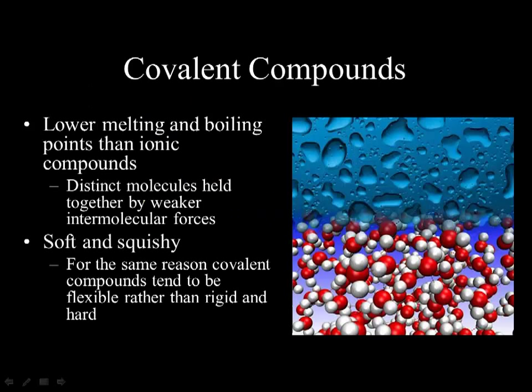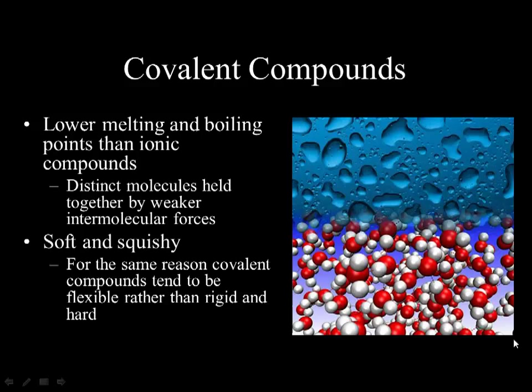Now a quick look at some of the properties of covalent compounds. In comparison to ionic compounds, they have lower melting and boiling points. There are distinct molecules held together by weaker intermolecular forces. So what that's saying is that if we have a sample of water here and you have all these water molecules that are held together fairly strongly within themselves, but then there's also a weaker intermolecular attraction between individual molecules, and those are held together by a weaker force than we see with formula units in an ionic compound.